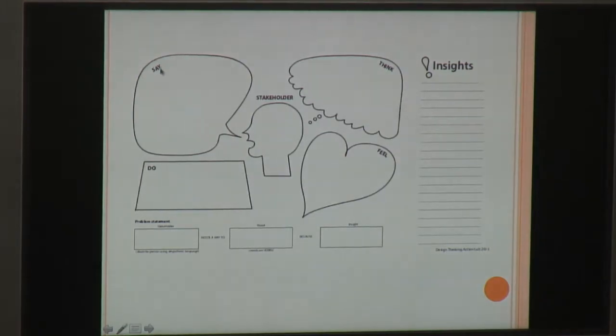So your job is basically to collect the information on the left-hand side, and then from that information, infer the insight or the thoughts on the right-hand side.